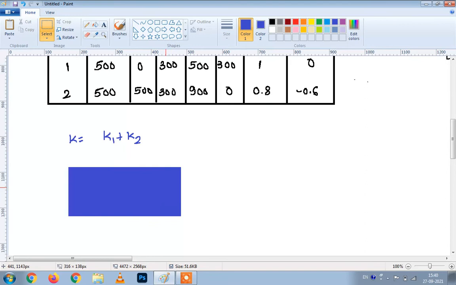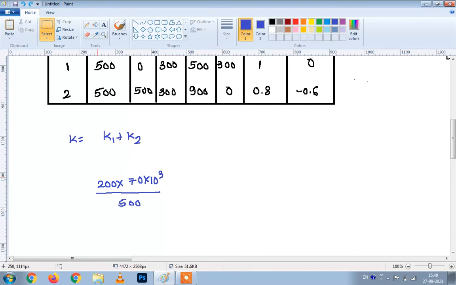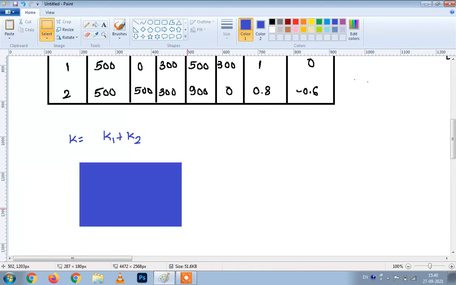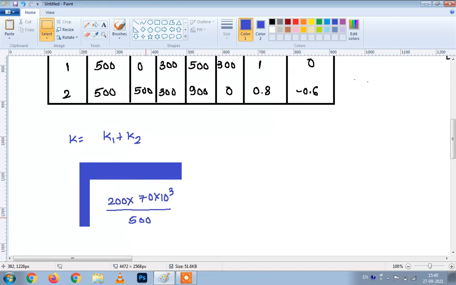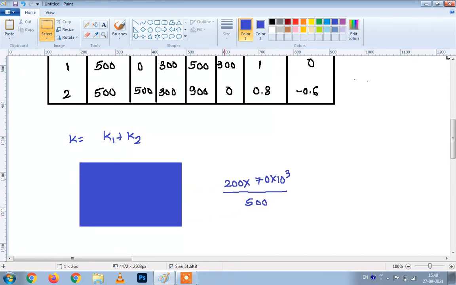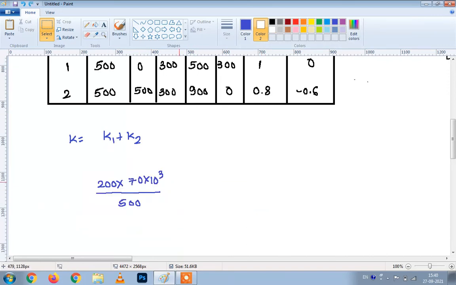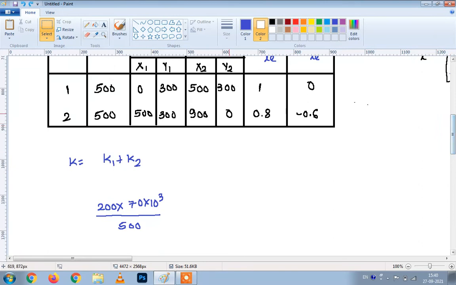Let me shift its position first. Okay, for element number 1, I will write down here: for element 1, the value of Cx is 1 and the value of Cy is 0.